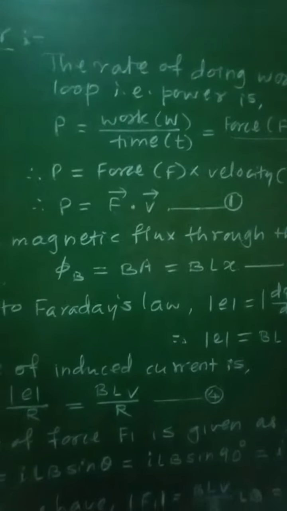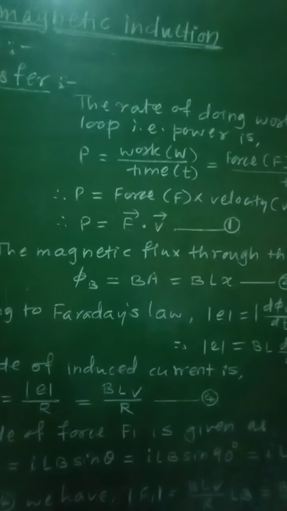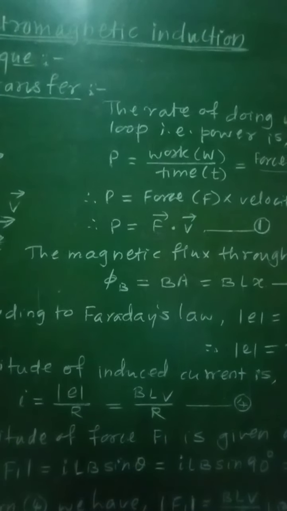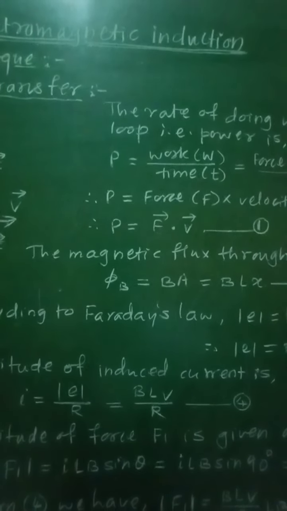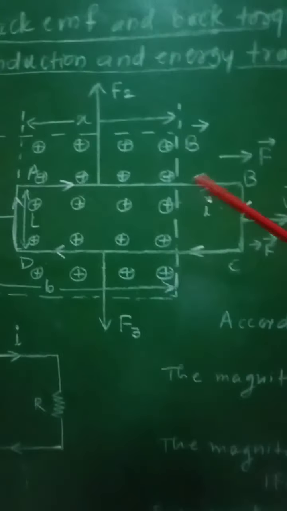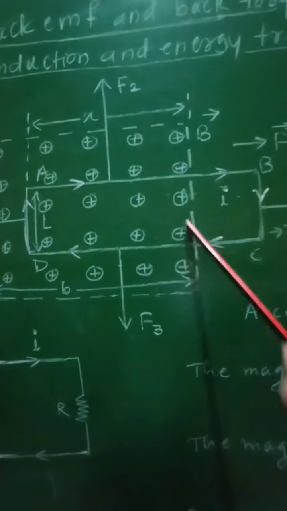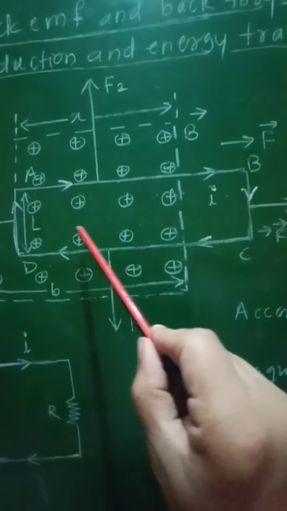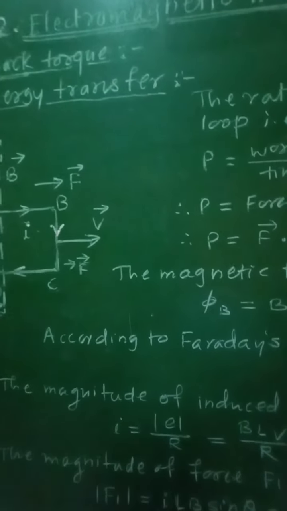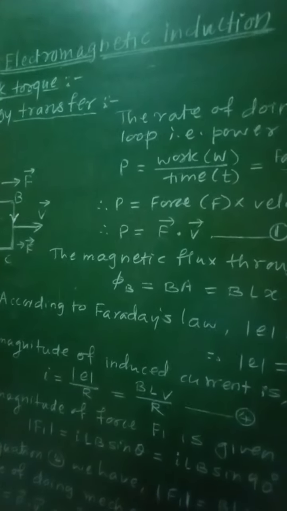Now we have to find the magnetic flux. As the loop is moved towards the right, the area of the loop lying within the magnetic field decreases. So when this loop is moved towards the right, the area of the loop inside the magnetic field will decrease, and this will cause a decrease in the magnetic flux linked with the moving loop.